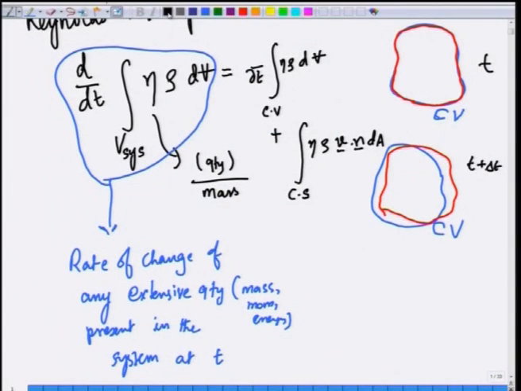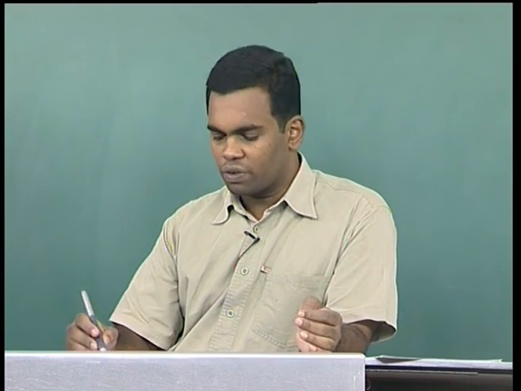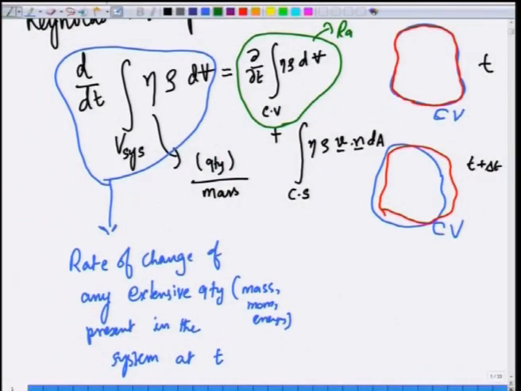And the first term on the right side contains the rate of change of that quantity present in the CV itself. So, there are two contributions to the rate of change of this extensive quantity as you follow the system. One is because of the fact that there is an inherent rate of change in the CV itself. This is a rate of change in the CV, and things could also change because fluid is moving in and out.